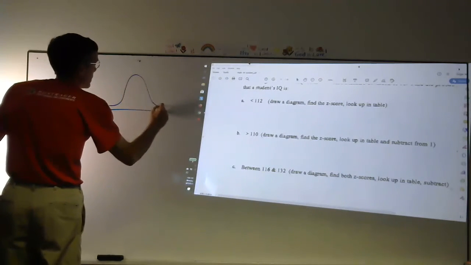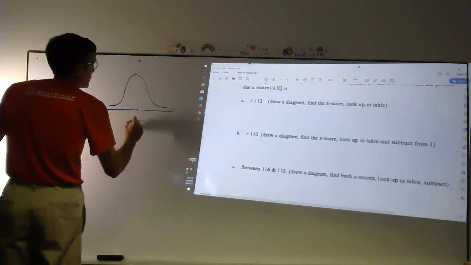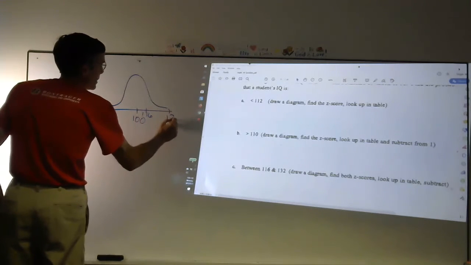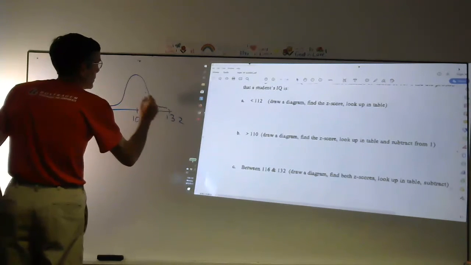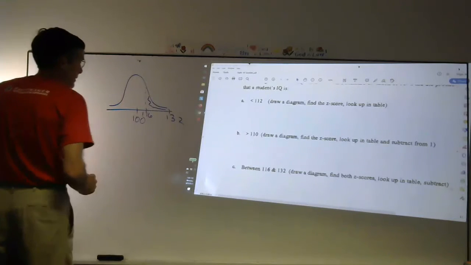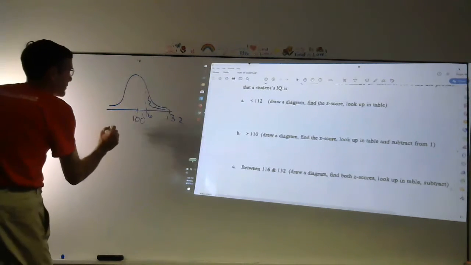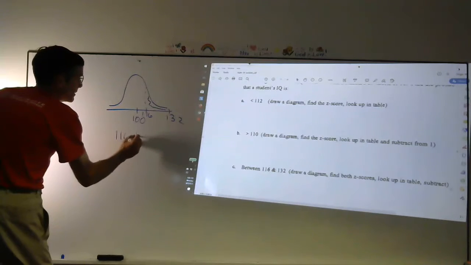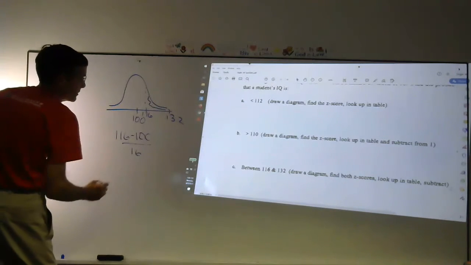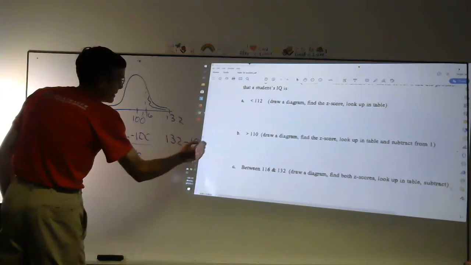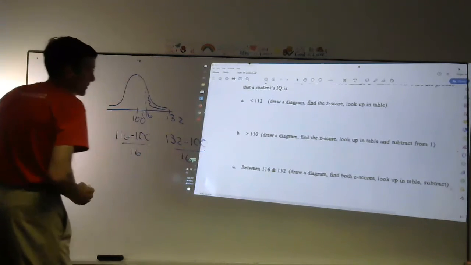So here we are. 100 is the average here. We want to be between 116 and 132. We want just in there. That's it. So we're going to have to do 2 z-scores. I've got to do 116 minus 100 all over 16. And I've got to do 132 minus 100 all over 16.